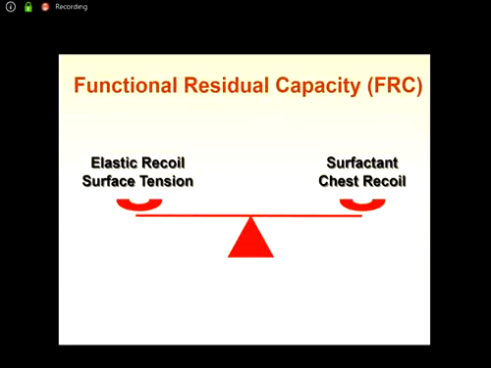So the forces that tend to collapse the lungs are significantly greater than the forces that oppose that collapse. And that's why premature babies have trouble breathing when they have surfactant deficiency.